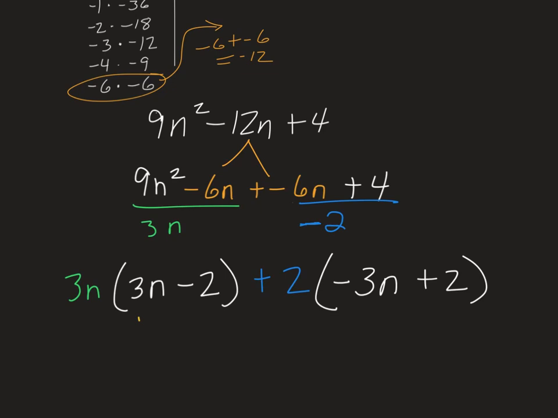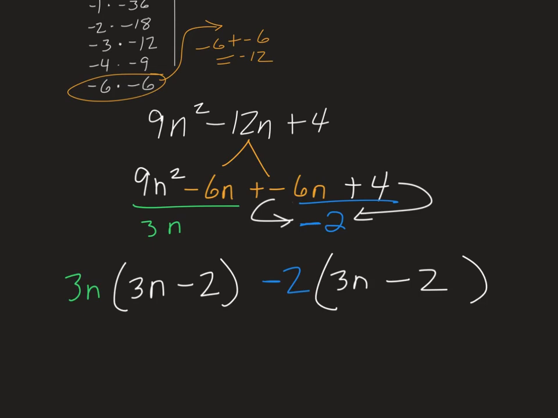And let's see how that gets me what I want. So let's see how flipping that sign helped me out. Because now I'm doing a negative 6n divided by a negative 2, which leaves me a positive 3n. And then a positive 4 divided by a negative 2, which leaves me with a negative 2.